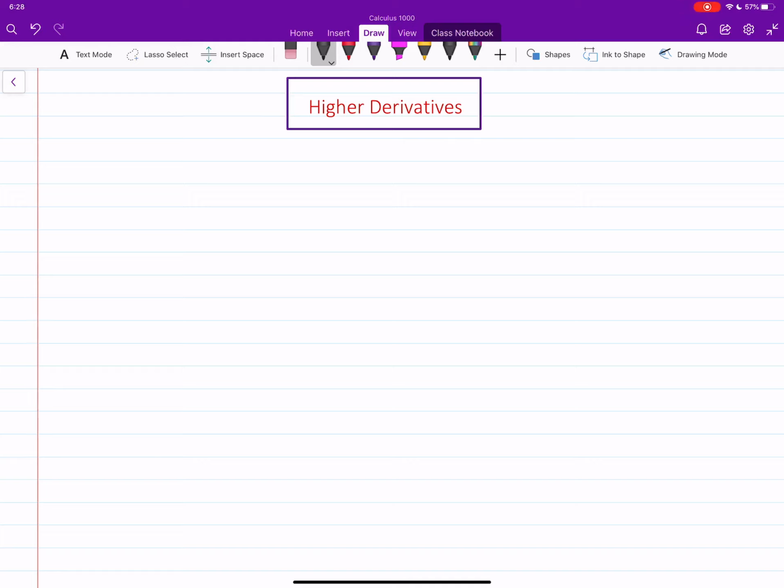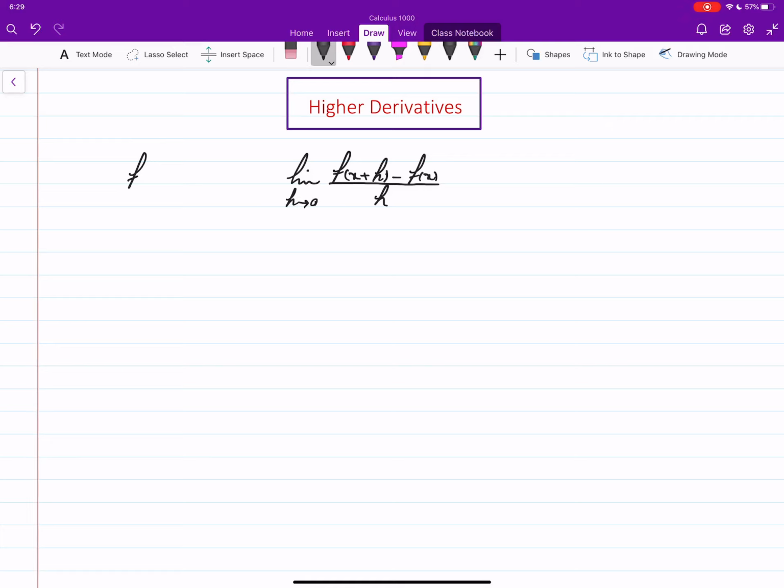Hi, in this video we will learn about the notion of higher derivatives for functions, and specifically we'll see what kind of notation we will use to denote those new functions. Well, remember that when we have a function, then we can form this ratio for any given x and find the limit of that as h goes to 0.